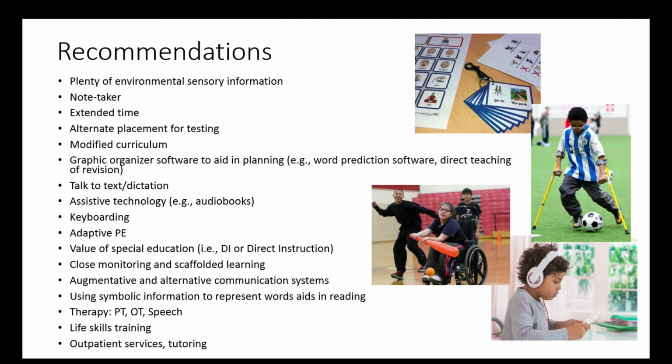Oftentimes, given a lot of the visual perceptual deficits and difficulties that individuals with cerebral palsy experience, not only including OT, but also providing individuals with the opportunity to use keyboards, to have a modified writing curriculum, and to start teaching talk to text.